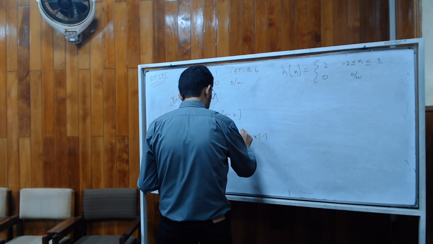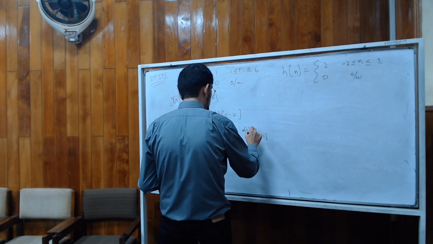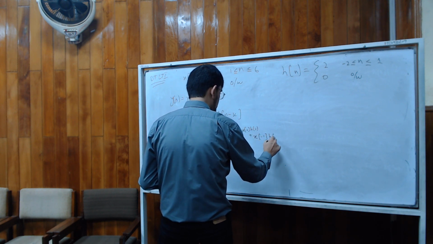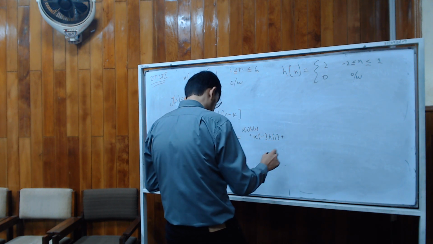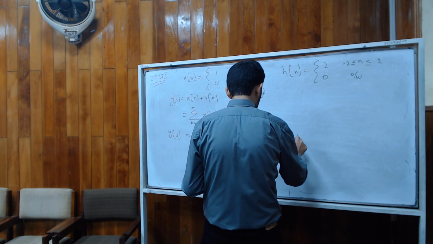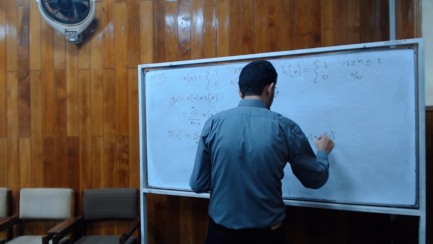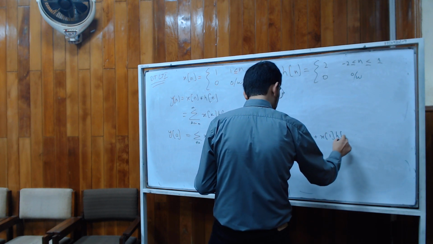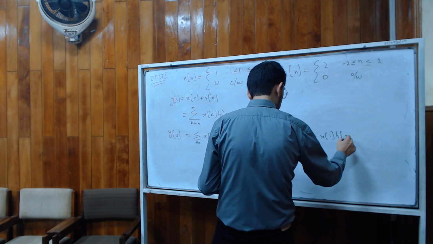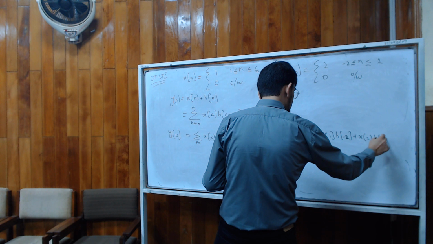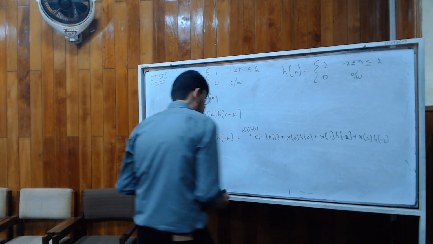x[minus 2] h[2], plus x[minus 1] h[1], plus x[0] h[0], plus x[1] h[minus 1]. There is a pattern to it, so once you see the pattern, it will become faster to do, plus x[2] h[minus 2], and so on.